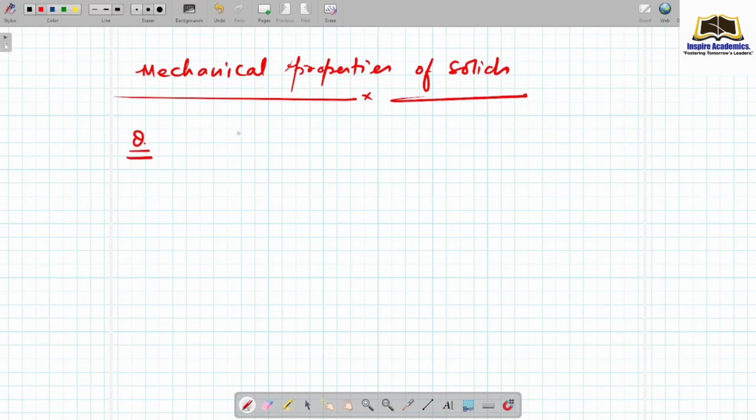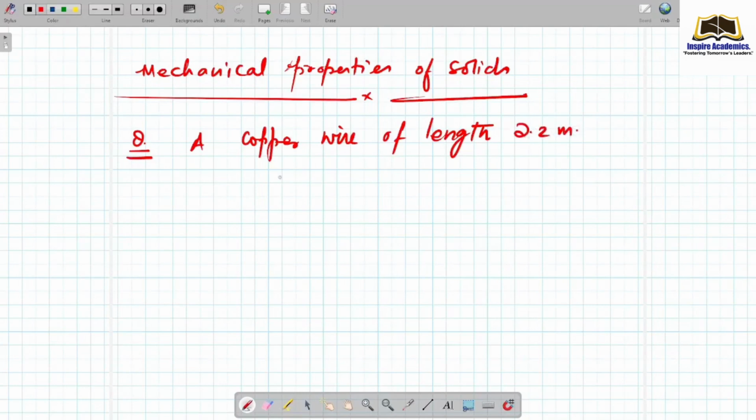A copper wire of length... ध्यान से सुनना, how this problem is tackled. And a steel wire. Now start visualizing what the question says.